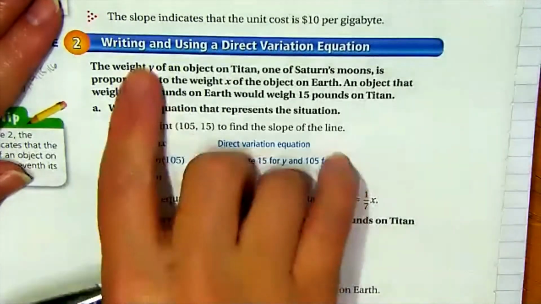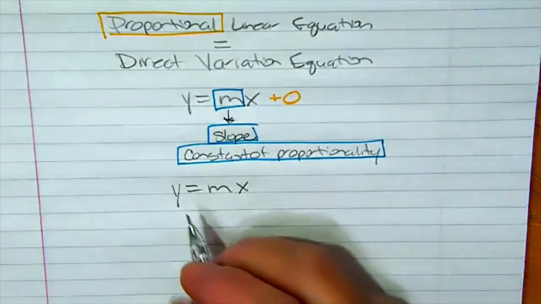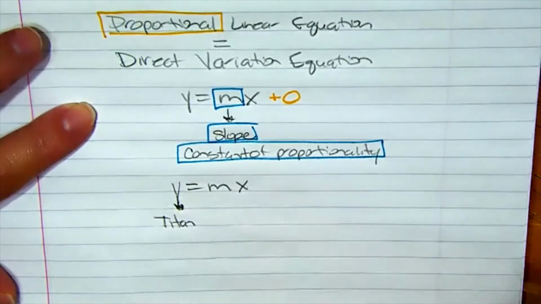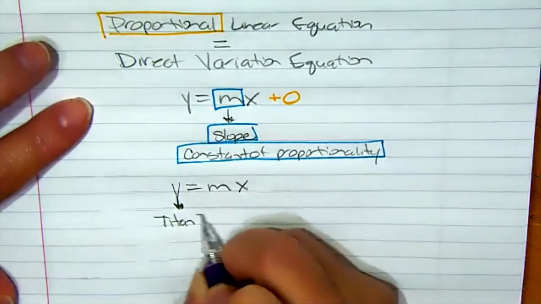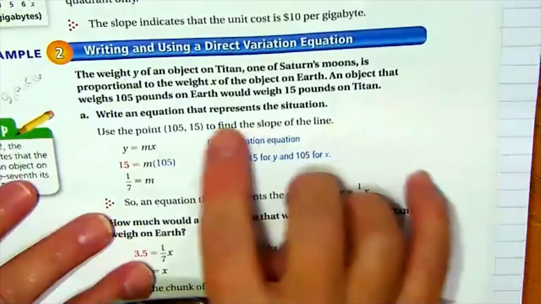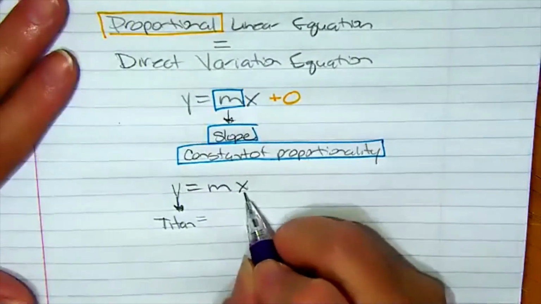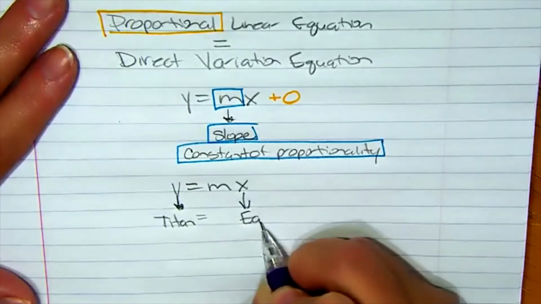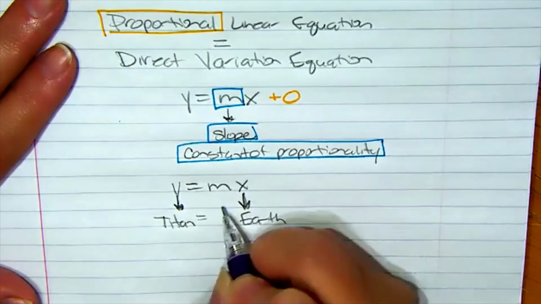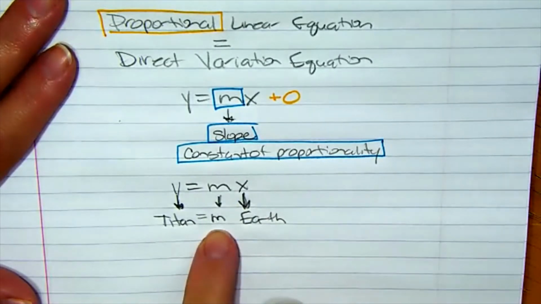Now it's telling me y is the weight of an object on Titan. X is the weight of an object on Earth. And we still have our constant of proportionality, or our slope.